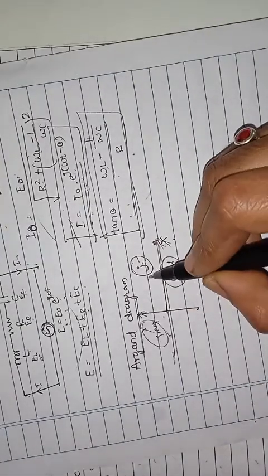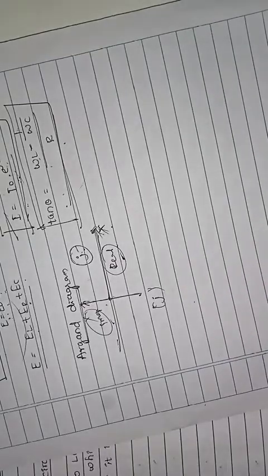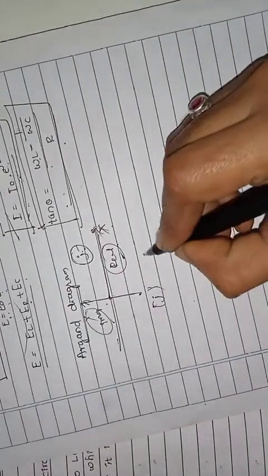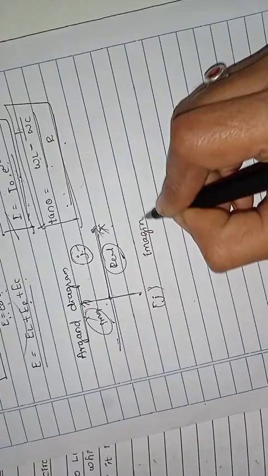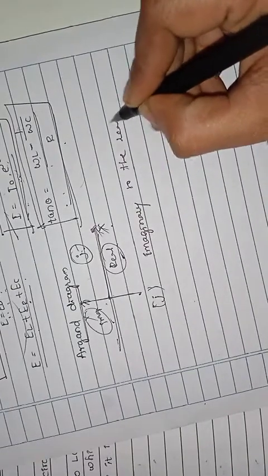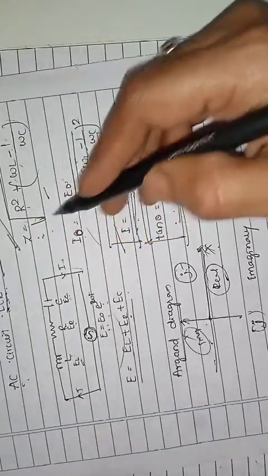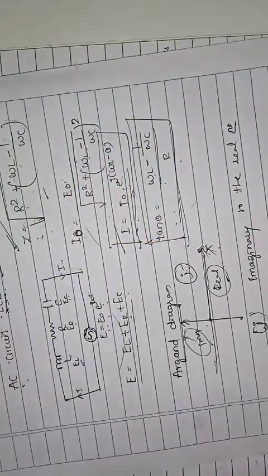In the Argand diagram we can plot both imaginary and real numbers. This j is an operator, and by using this j operator only we are able to solve this impedance, current and phase angle.